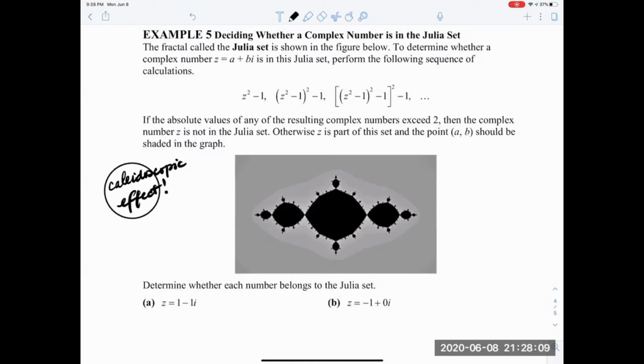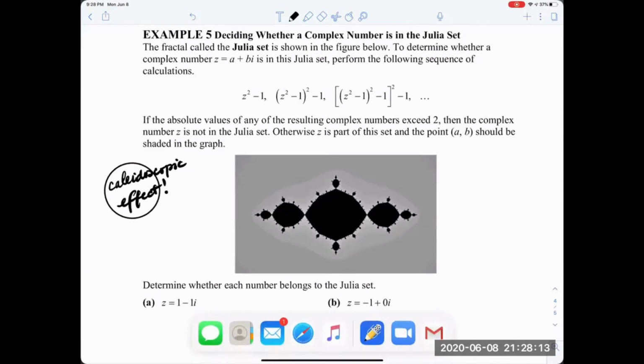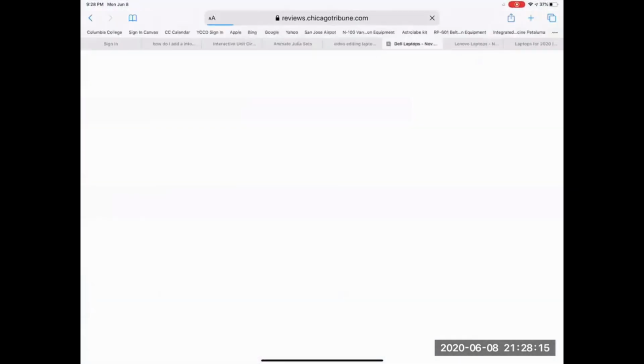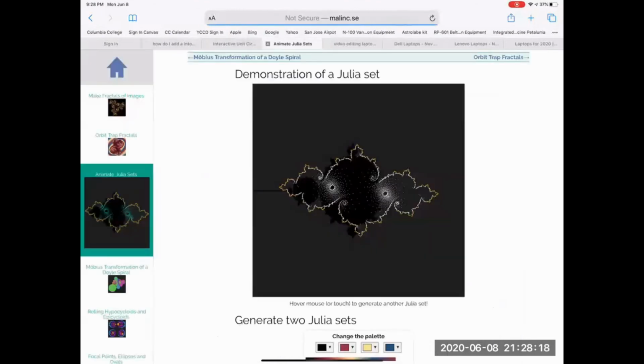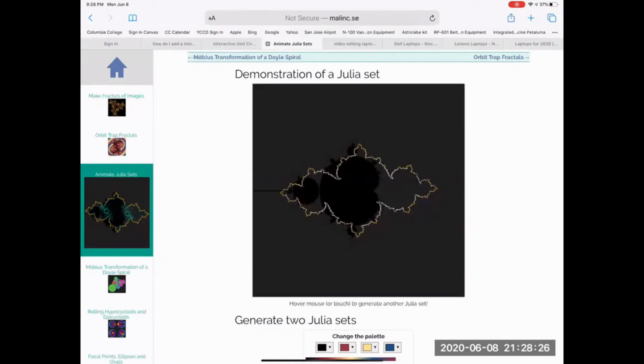So now, I think I had a little video here. Here's something called the animated Julia set. Essentially, if I move the points, see, I'm just clicking on the screen at different points, and you can see how the behavior is of such a set.